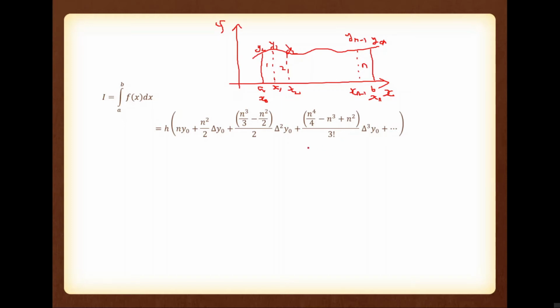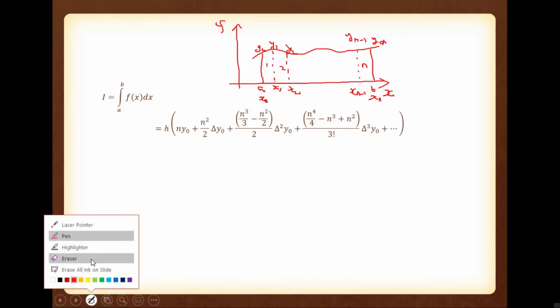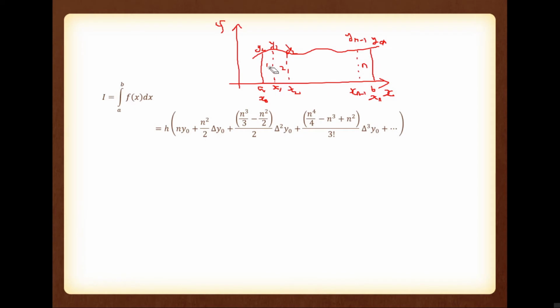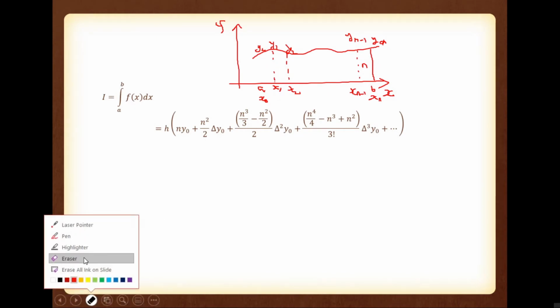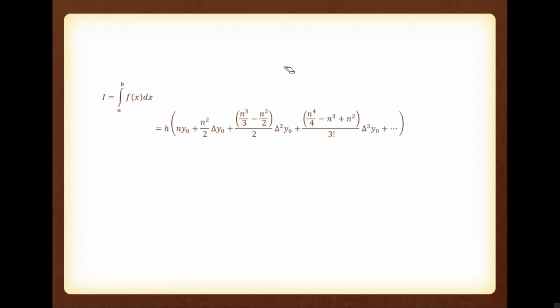Now we are assuming that a to b is the integral region and that we have only one segment. Please note, I am going to remove this figure.